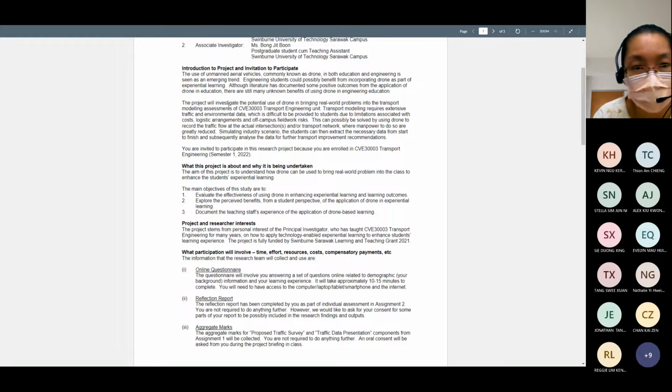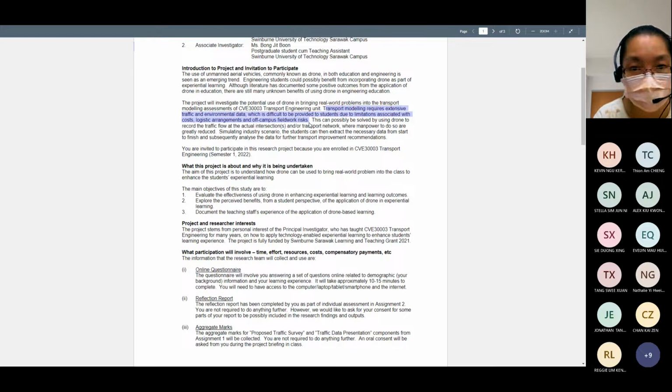Okay, so what I've put here is that the project will investigate the potential use of drones in bringing real-world problems into transport modeling assessment in this unit. Okay, and transport modeling requires extensive traffic environmental data, which is very difficult to provide to the students due to limitations associated with cost, logistics, off-campus fieldwork risks.